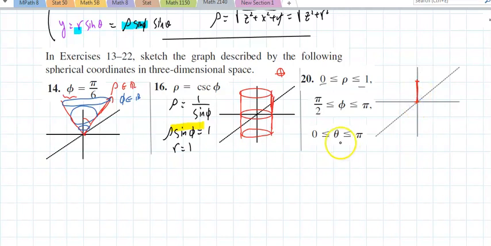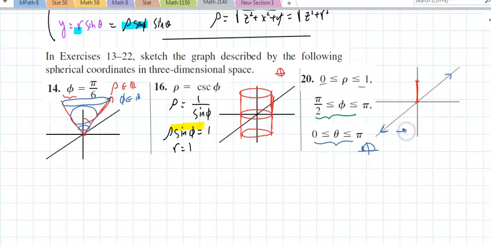Now, phi runs from pi over 2 to pi. I'll get to that in a minute. And theta runs between 0 and pi. Well, theta runs between 0 and pi in two dimensions. That's like running from this to this, so to speak, right?